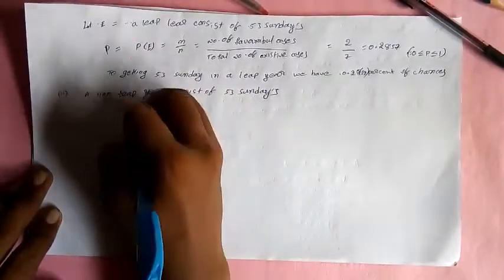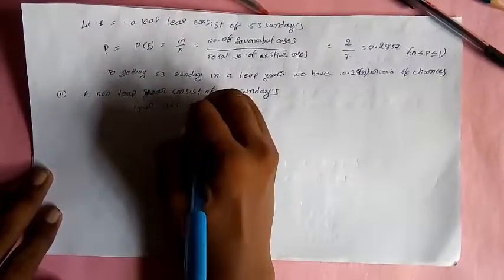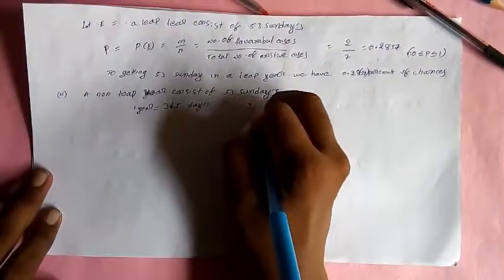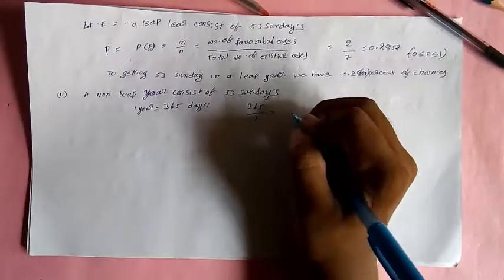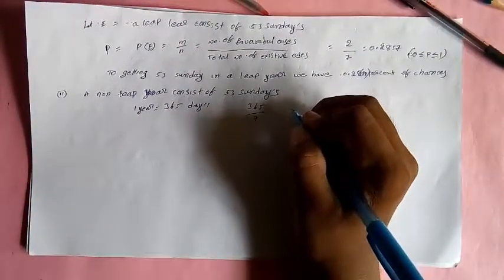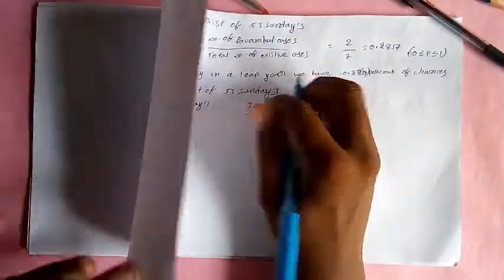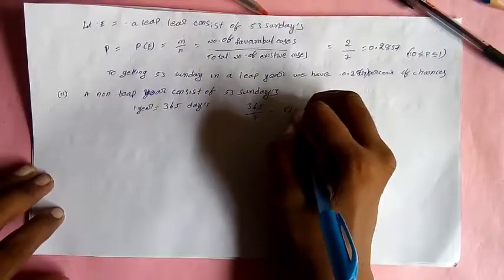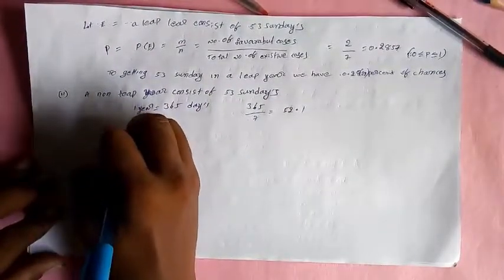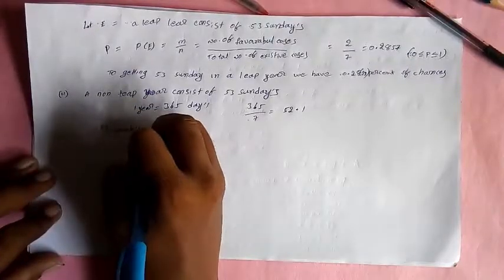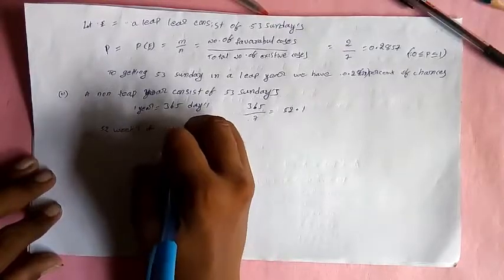One year is equal to 365 days. That is 365 divided by 7, and we get 52.1. That is 52 weeks plus 1 day.